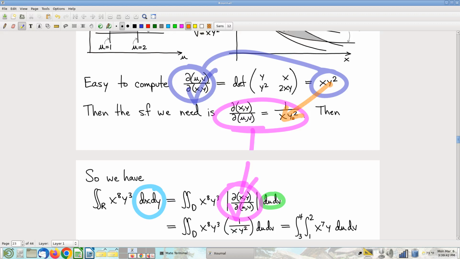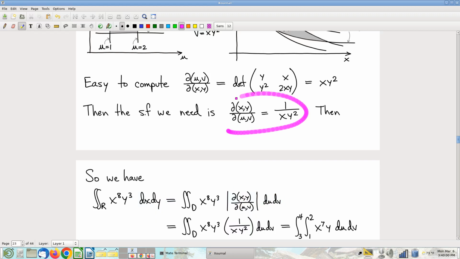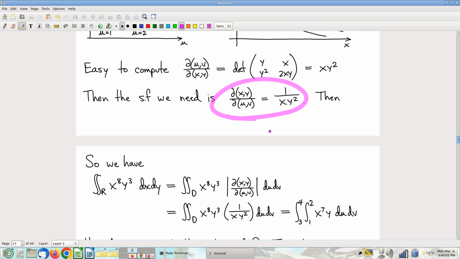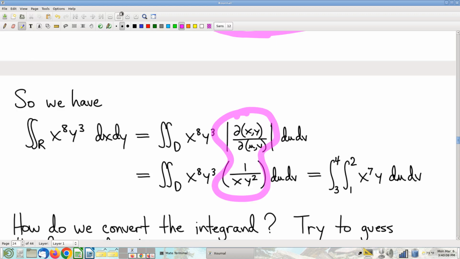Everybody see how that plays out? Everybody see my rationale there? Okay. So, convenient, let's see here. And that means that this thing, with the reciprocal having been done, 1 over xy squared, that's my relevant stretching factor. That's the one that I actually needed.